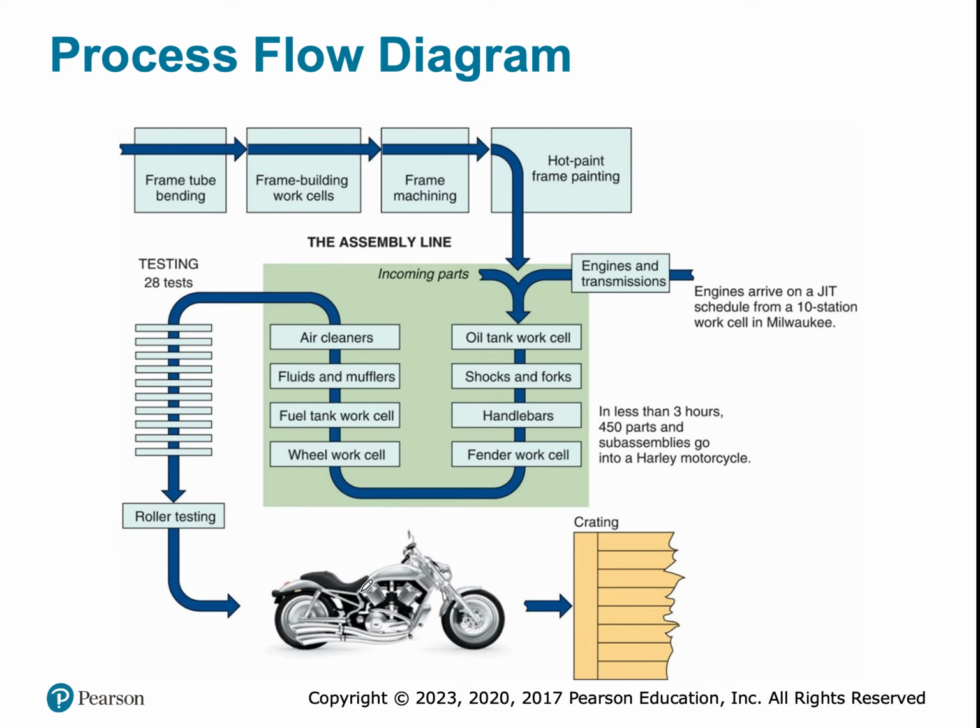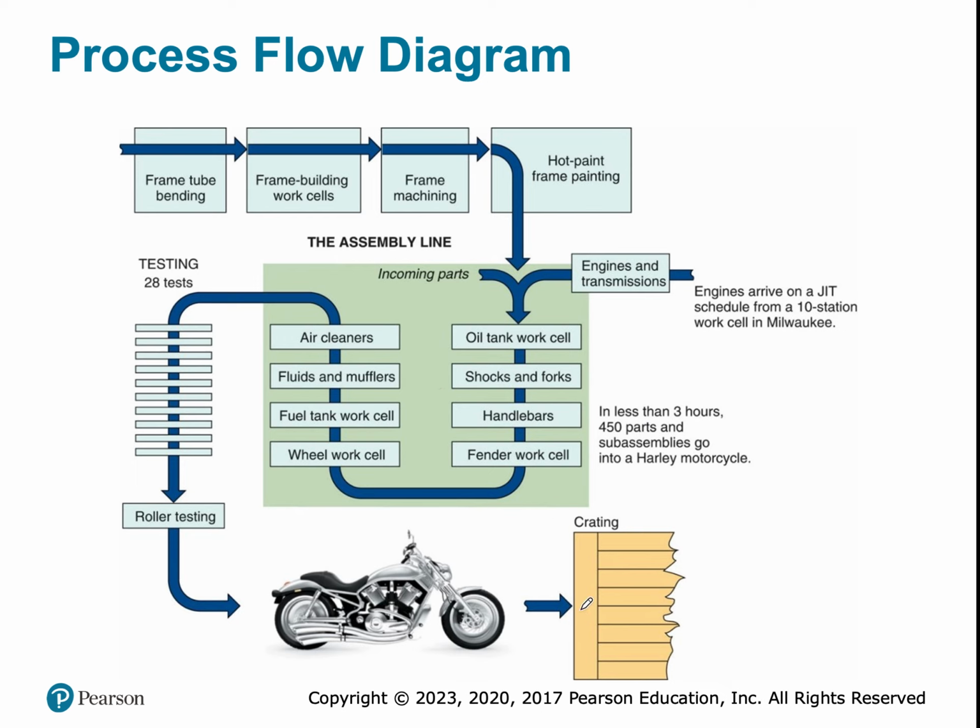And then after that, they started doing what they call the assembly line, trying to assemble the shaft, the disc, the rocker, the bearings, and every other thing in the process. There were so many things they did here: the oil tank, the shocks, the forks, the handlebars, the feather works, the wheel work, the fuel tank, the fluid, the air cleaners, and then after that, everything was ready.